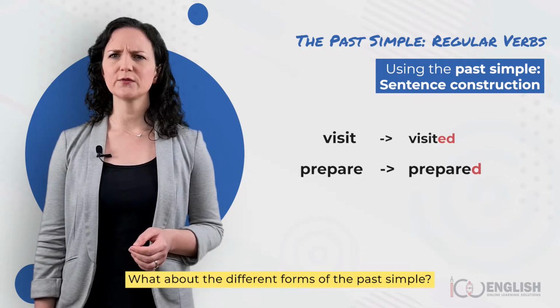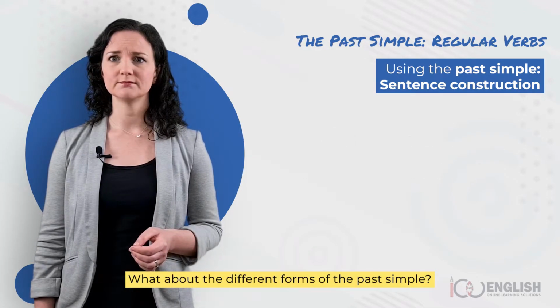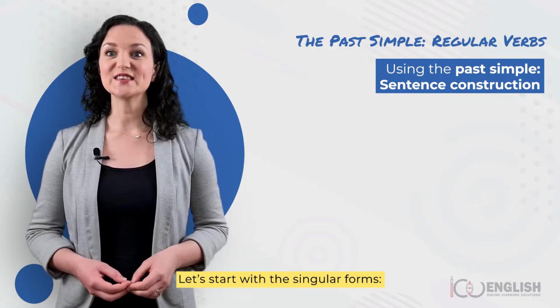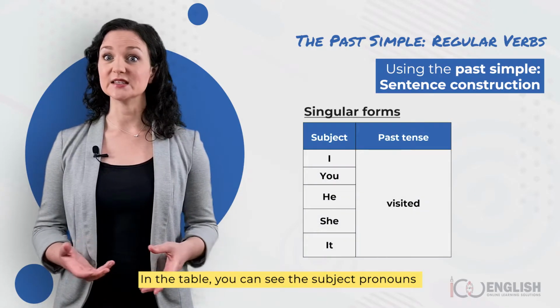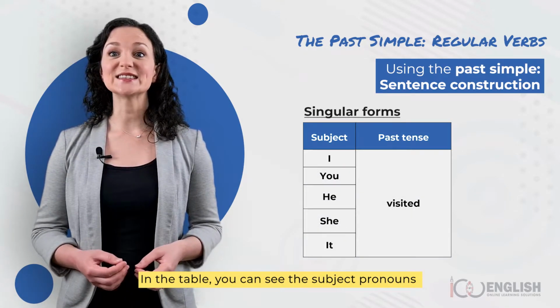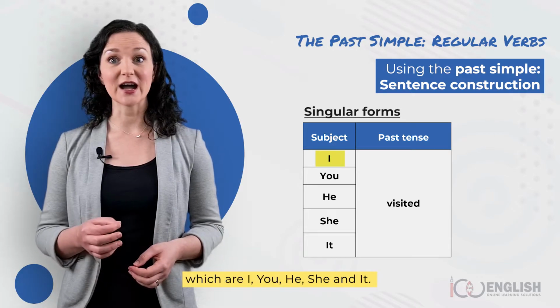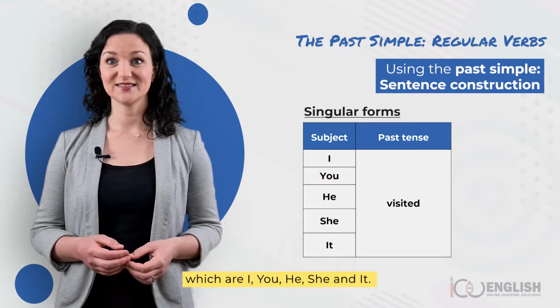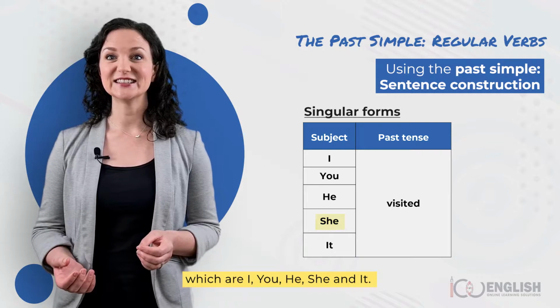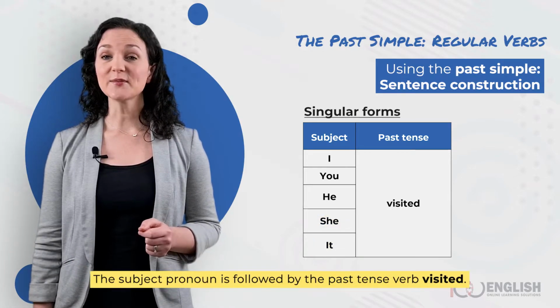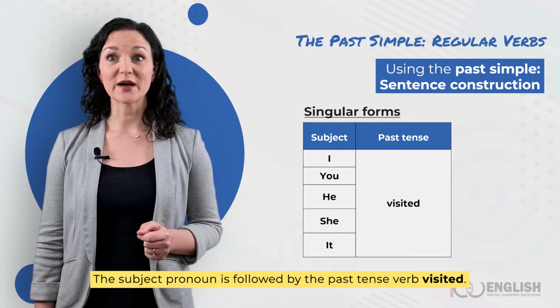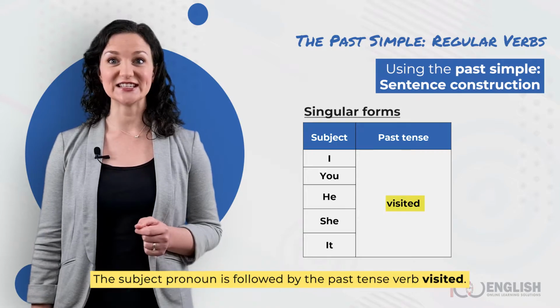What about the different forms of the past simple? Let's start with the singular forms. In the table, you can see the subject pronouns, which are I, you, he, she, and it. The subject pronoun is followed by the past tense verb visited.